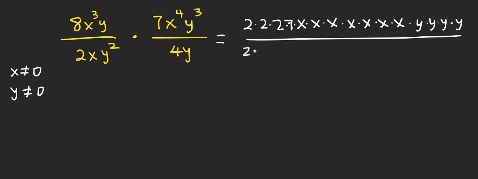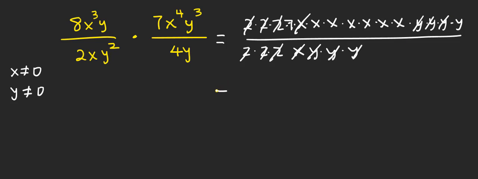So you get 2 times 2 times 2, 2 times 4, and you have 1 x, and you have y times y times y. So let's cancel that out. The three 2's cancel out. You have 1 x canceling out, and 3 y's, 1, 2, 3, 1, 2, 3.